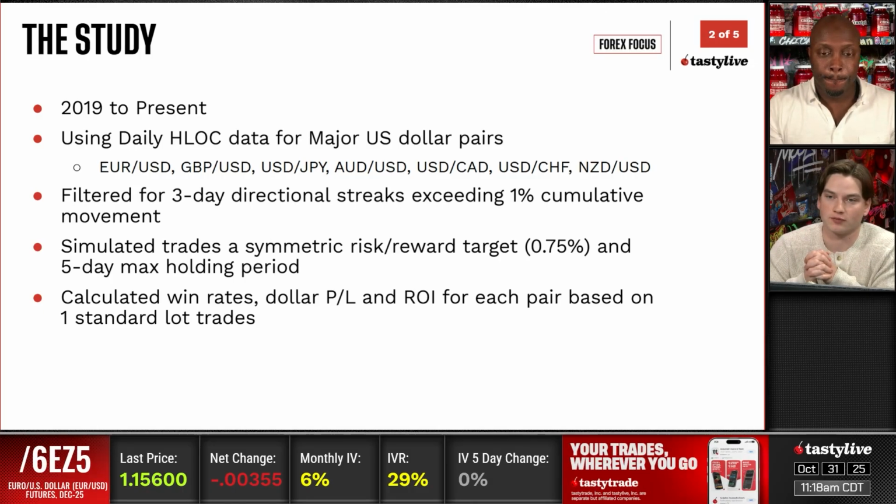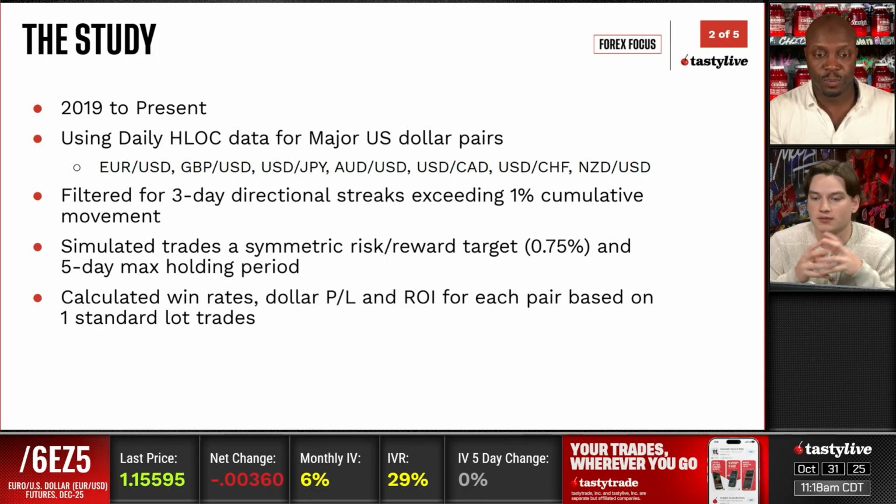in cumulative movement. So in FX markets, an outsized day would be around that, anecdotally around that 0.5% price level in different pairs, different pairs having different volatility characteristics of their own.